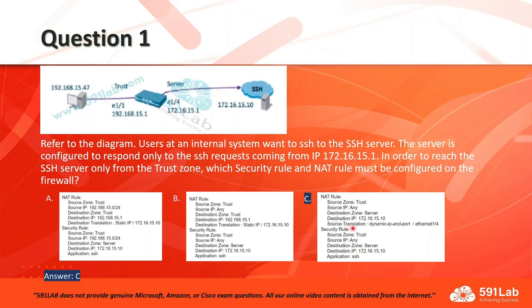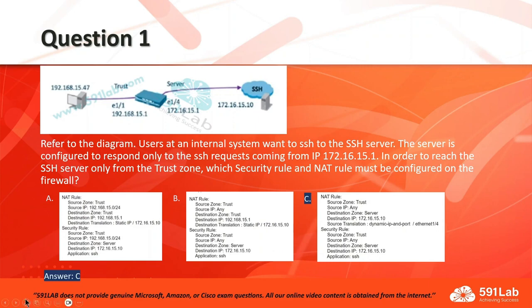For the security rules, we need to allow traffic from the trust zone with any source IP address, the destination zone will be the server zone, the destination IP will be the server IP, and the application allows only SSH. So the answer for question number 1 is C.